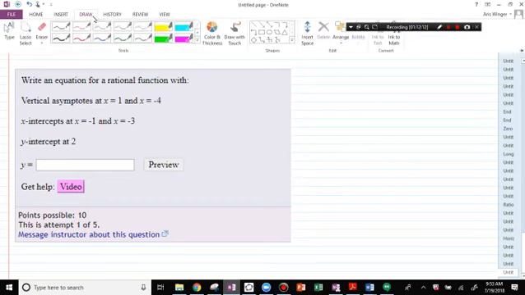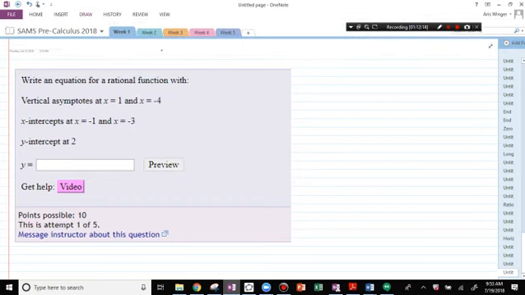One of the big discoveries that Amelia made clear yesterday or the day before was that polynomials are just the product of linear factors. So when it says that the vertical asymptotes are 1 and -4, it's trying to tell us about the linear factors in the denominator.